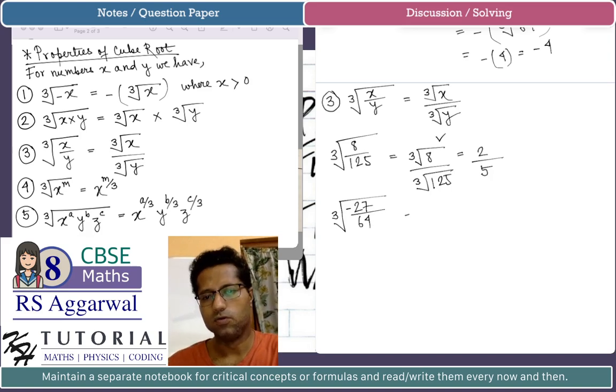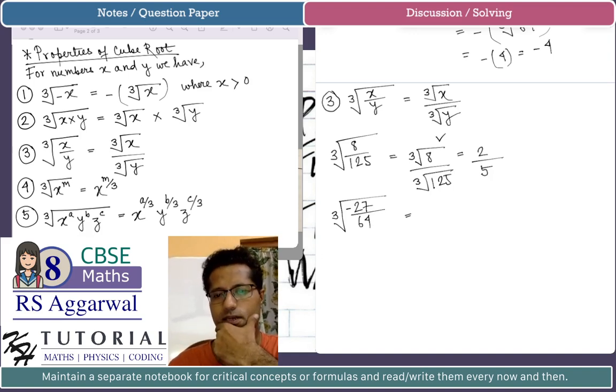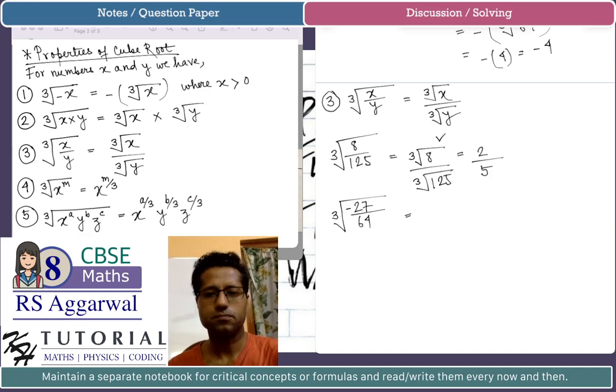Ignoring the sign, you can see that both the numerator and the denominator are perfect cubes. That is, 27 is a perfect cube and 64 is also a perfect cube.